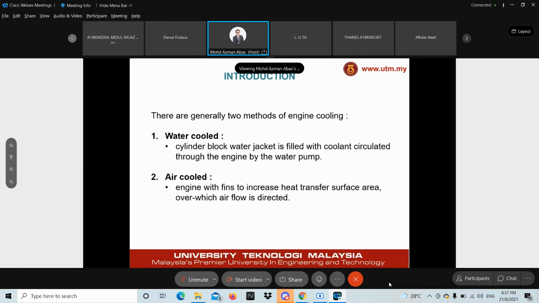An air cooled engine is designed with fins to increase the heat transfer surface area over which airflow is directed. So if you see an air cooled engine, you can distinguish it by the design of the fins on the cylinder head and also the cylinder block.